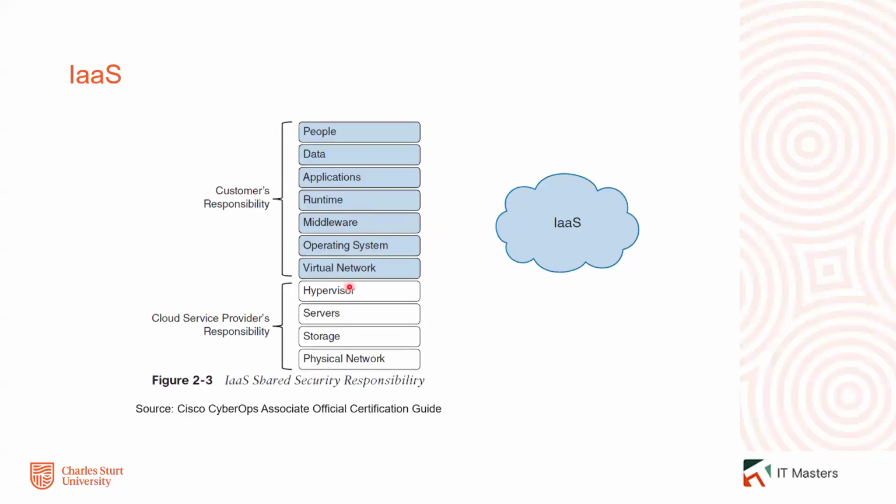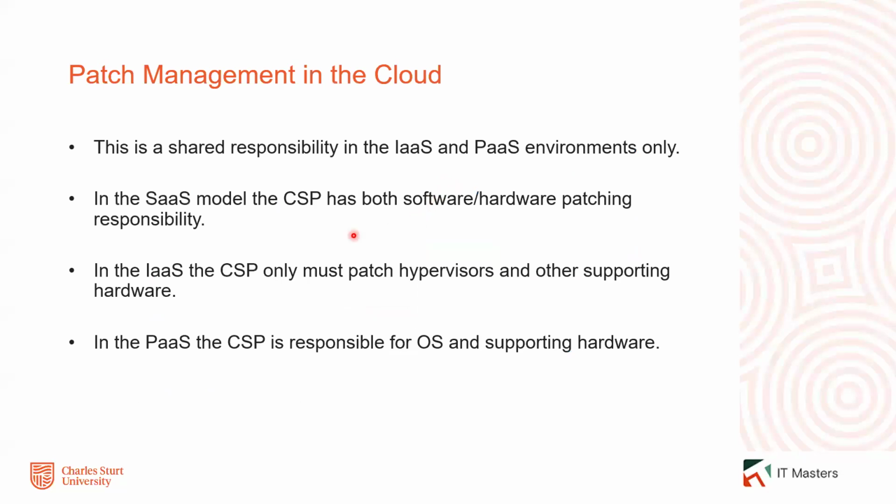In infrastructure, we've still got the hypervisor, which needs to be patched as well. It's an operating system effectively. We may have other patches that are particularly around BIOS or integrated lights out, for example, network card drivers, that sort of thing for the servers. So all of that needs to be the responsibility of the cloud service. Everything above that will be the customer's responsibility.